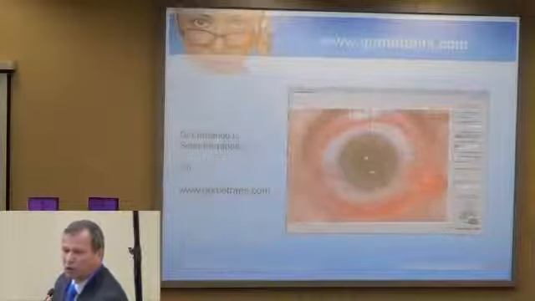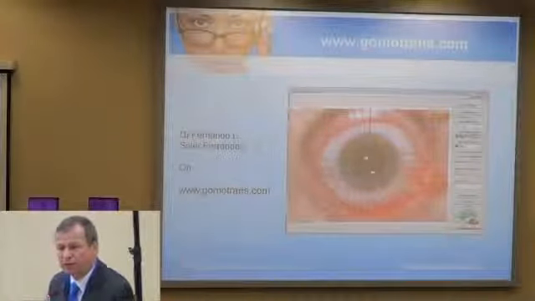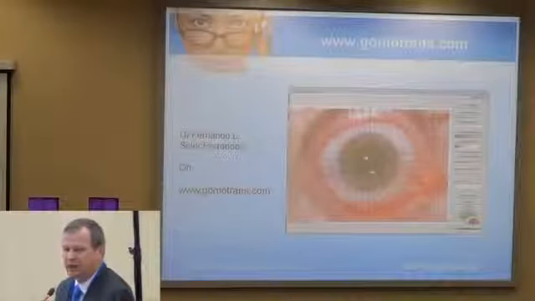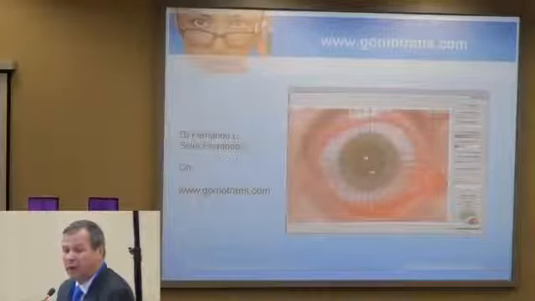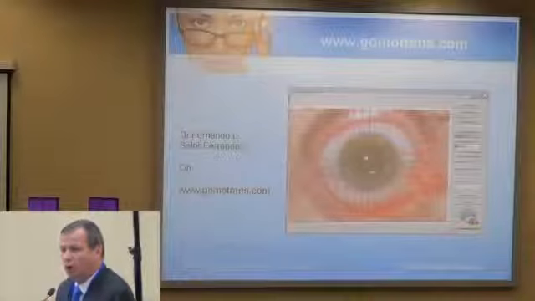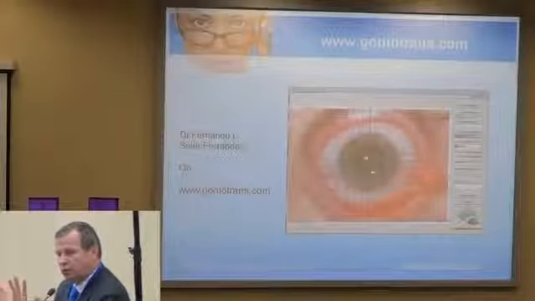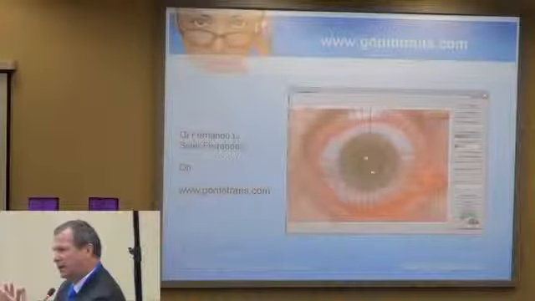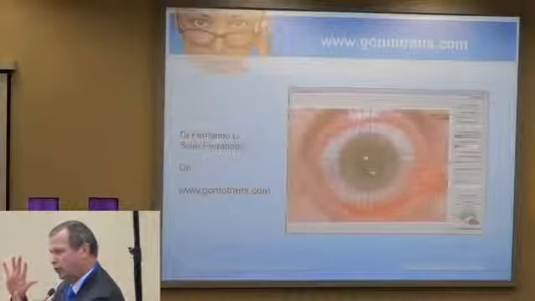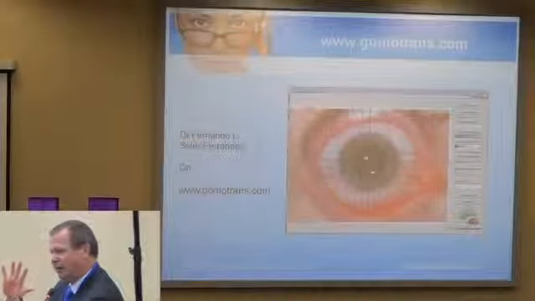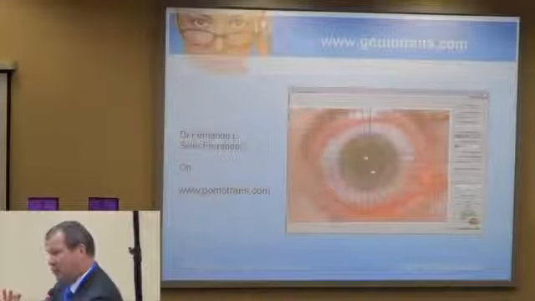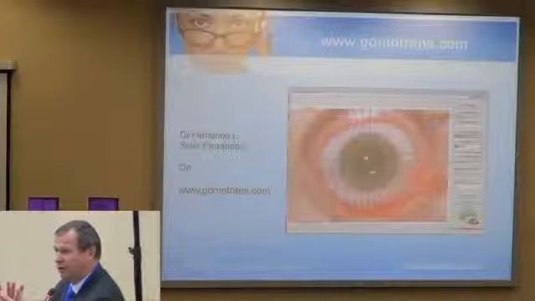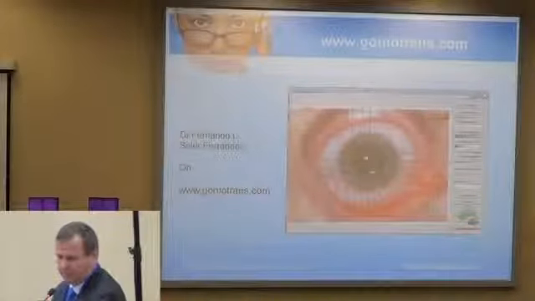Then you go to Gonotrans.com, and it's very important that you know this one. It's a website from Soler Fernandez who shows you this map, and you can just copy it, do your picture and use this map to know exactly where you want to have your lenses, the exact degree.